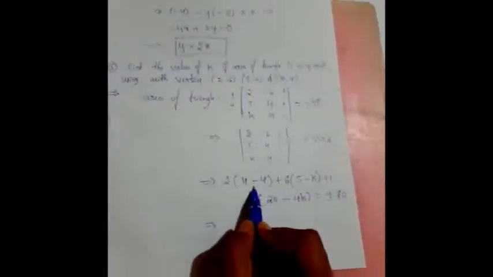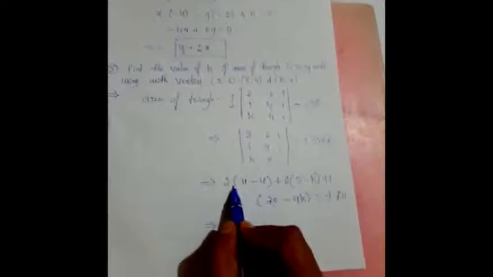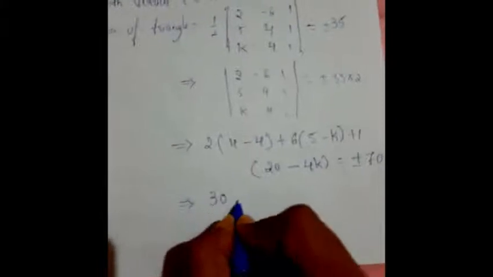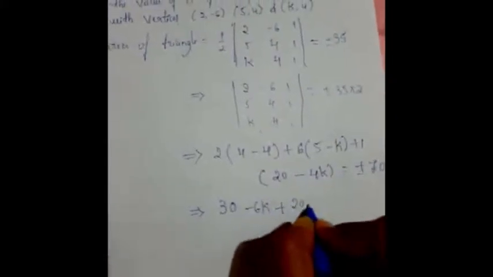Similarly, if you solve this, 4 minus 4 you will get 0, and 0 into anything is 0. Next 6 into 5 is 30. So 30 minus 6k plus 20 minus 4k is equal to plus or minus 70.